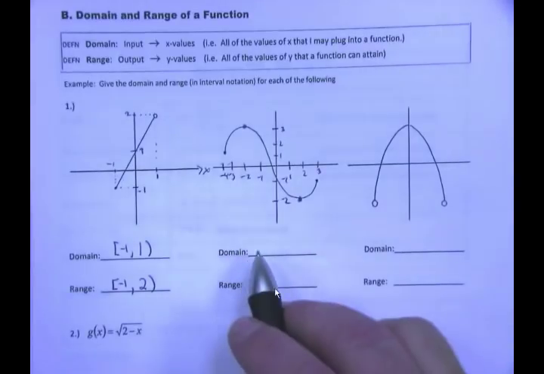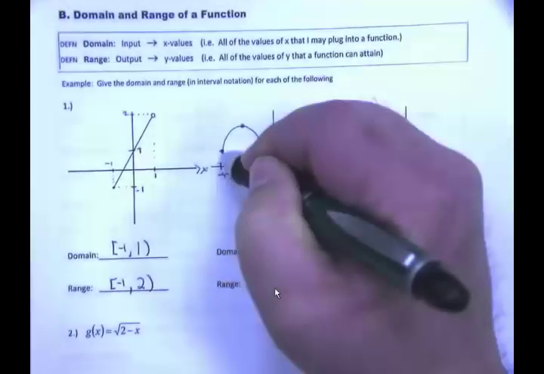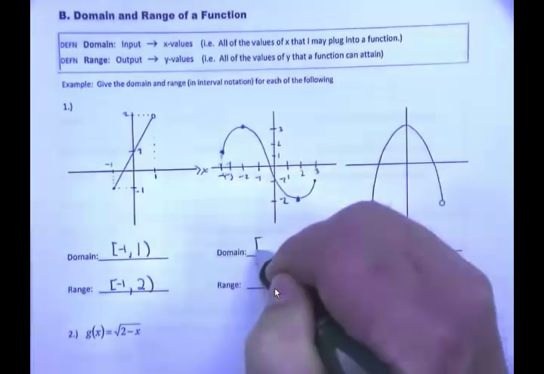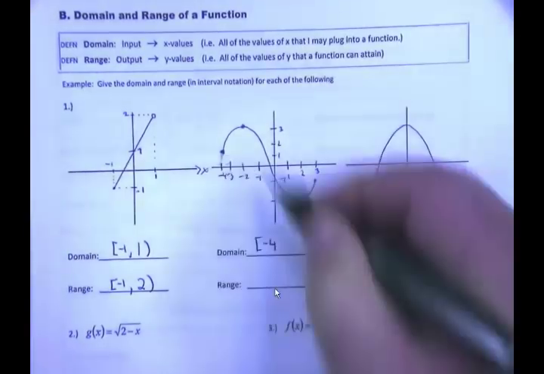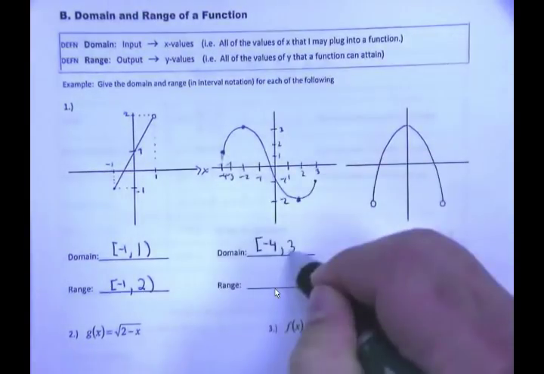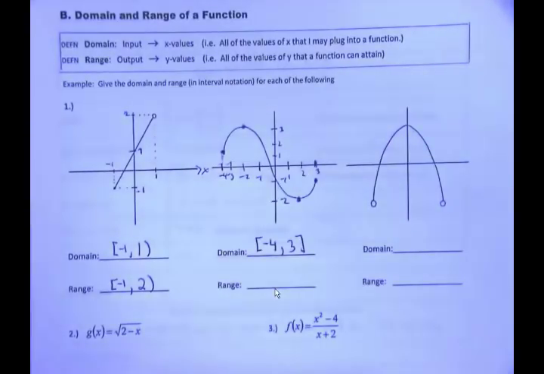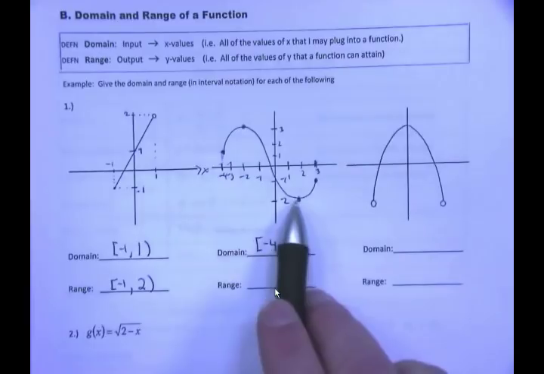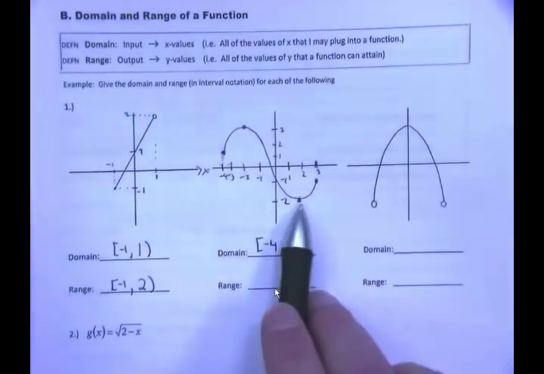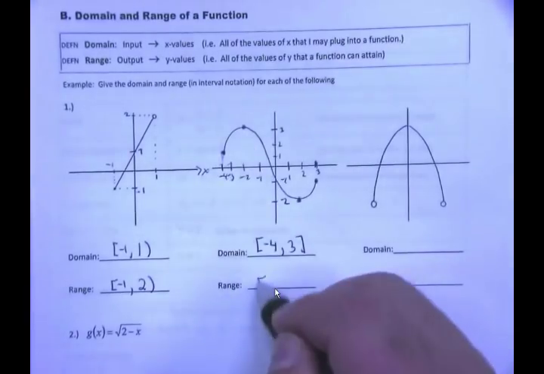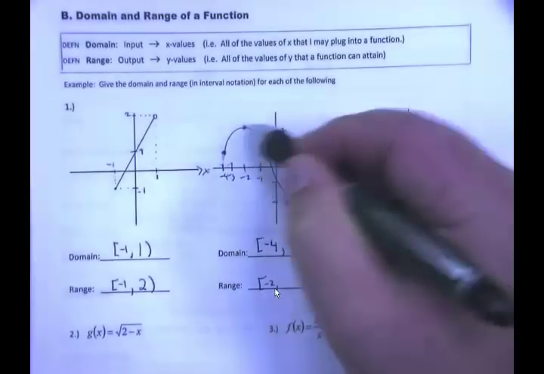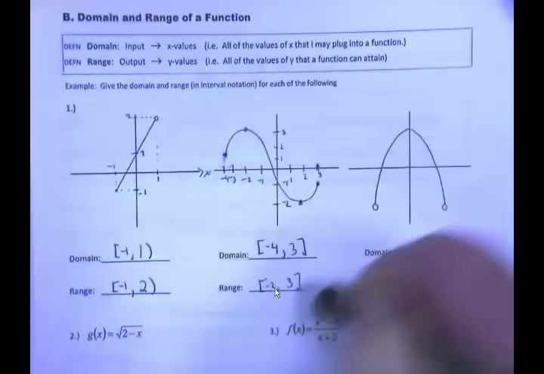All right, the domain is from -4, assuming it hits -4 there. That's what I meant to do. -4, because it's a dot, it's a bracket, to 3, and another bracket right there, 3. Okay. What about the range? Well, you have to get your highs and lows on this one, which is -2 is the low, and I hit that point, -2, all the way up to 3.